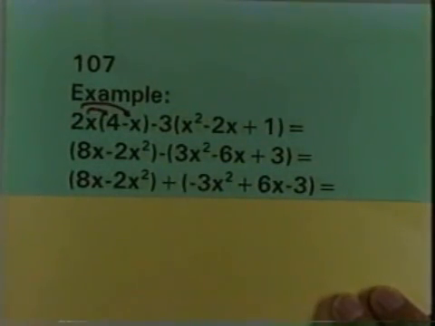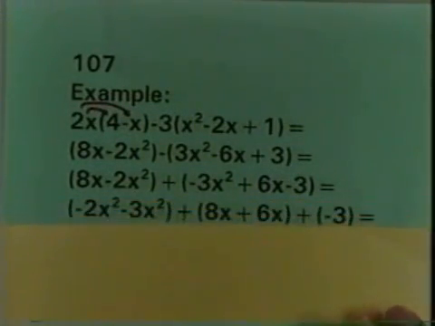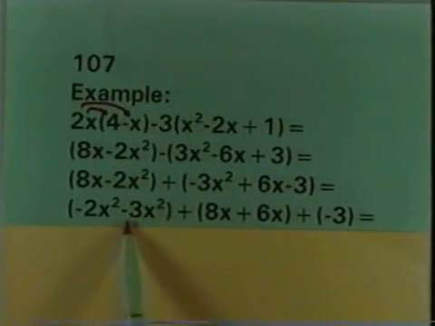Now that we have addition, I can combine like terms. So I can combine the negative 2x squared and the negative 3x squared, the positive 8x and the positive 6x, and leave the negative 3 alone. Again, combining like terms.